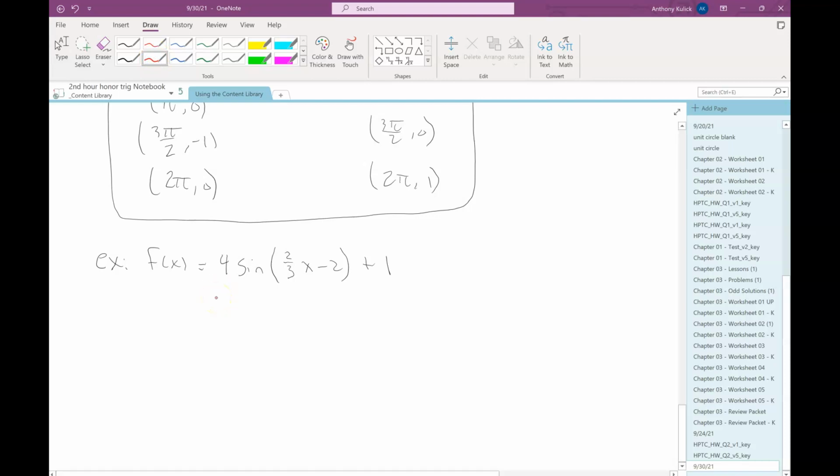So the first thing that I would want to do is I'd want to identify my values for A, C, H, and K. But that's not going to be as easy as it looks at first here. Why is there a little bit of a complication on this?